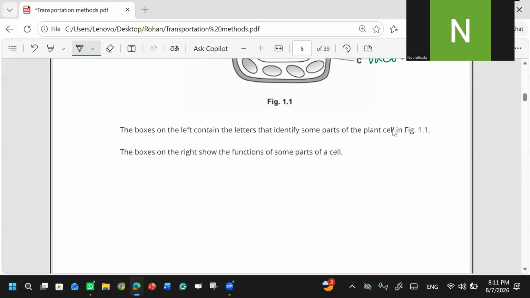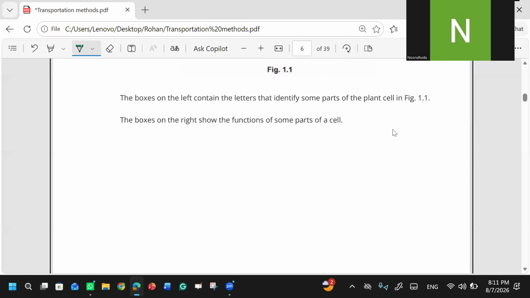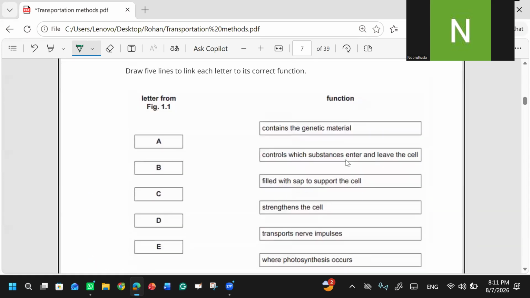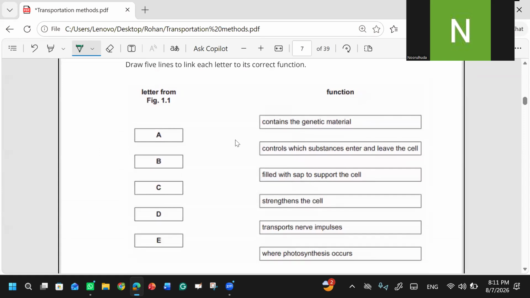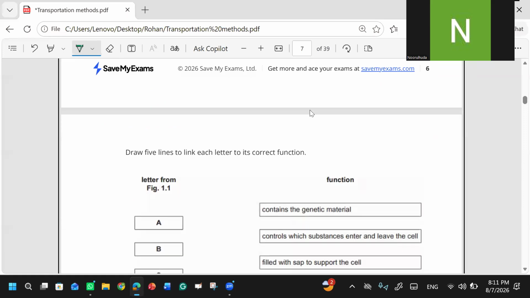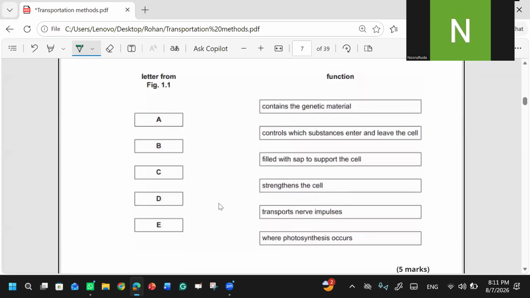The box on the left contains the letters that identify some parts. The box on the right shows some functions of some parts. We have to match them. A was the cell wall, right? So what's the function of the cell wall? It strengthens the cell.